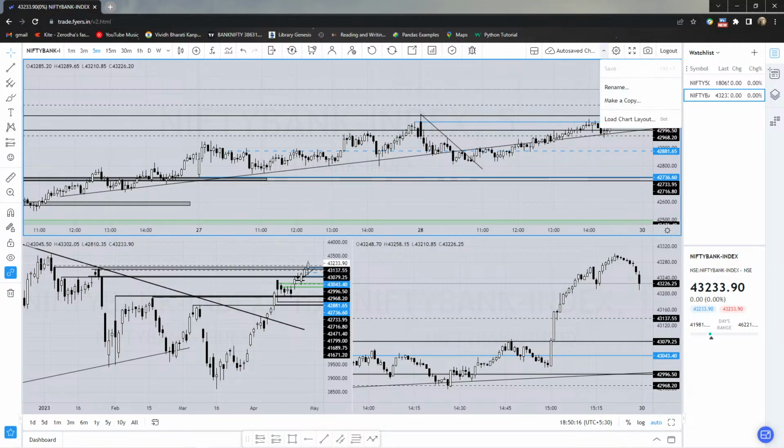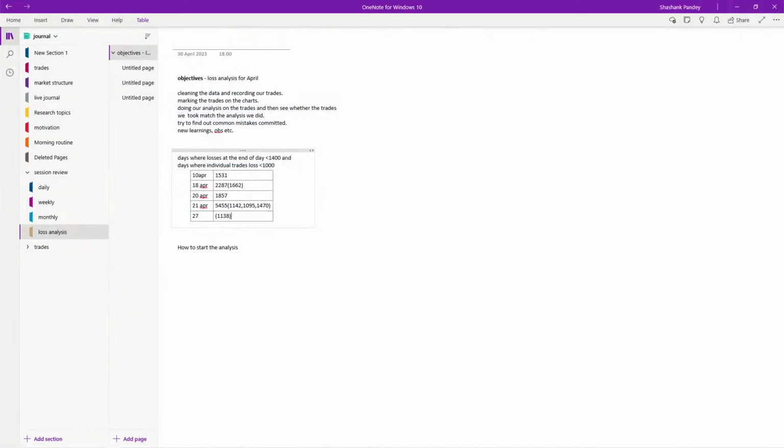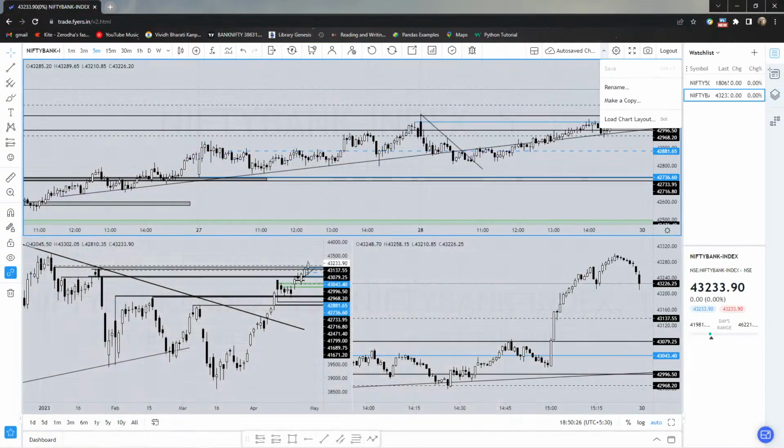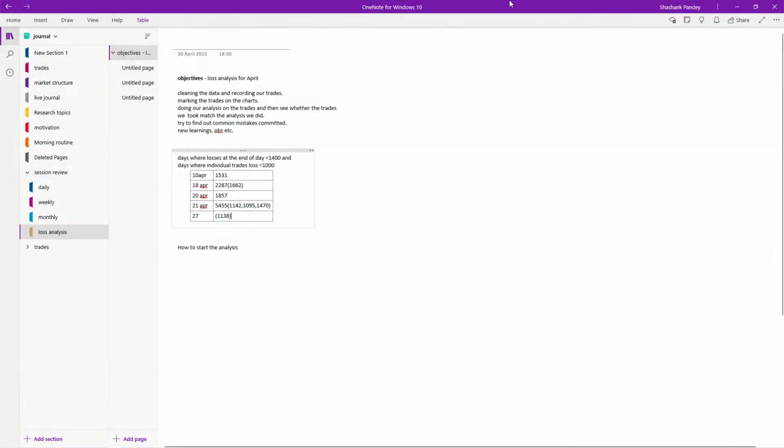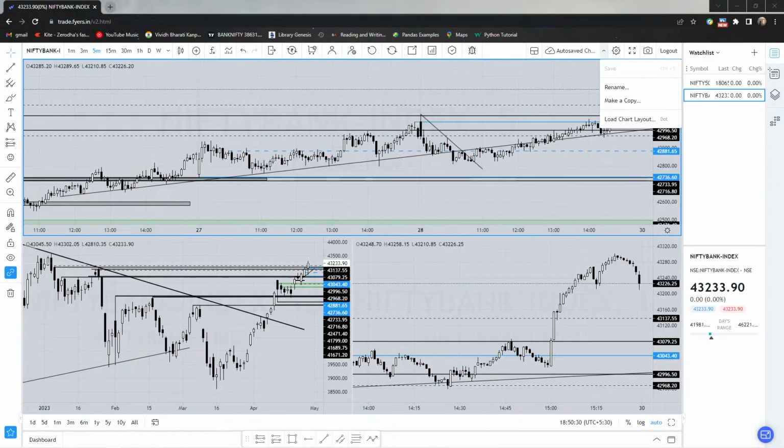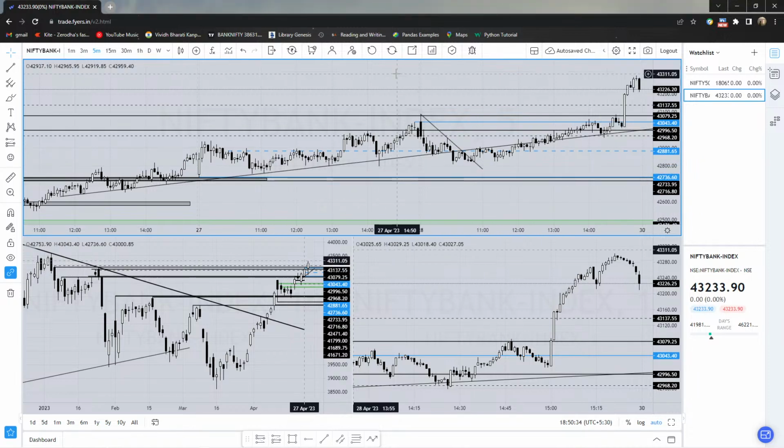We'll be making how many copies? I think there were 5 instances: 10th, 18th, 20th, 21st, and 27th. So we will be making 5 copies, and then going to mark each and every day.